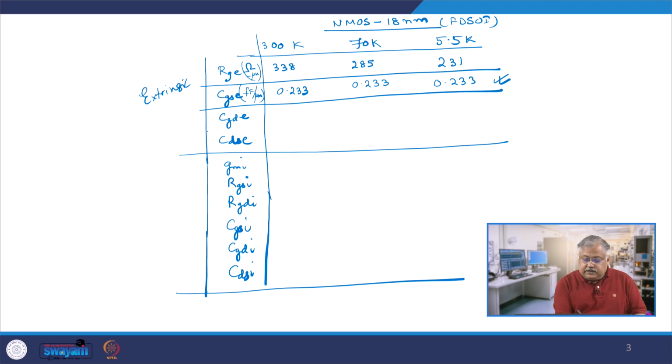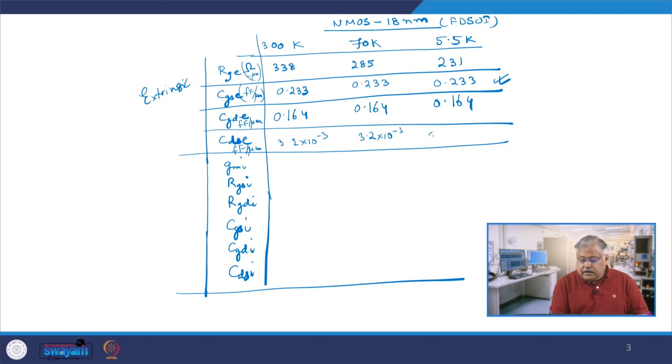So most of the extrinsic parameters you will see, this is 0.164, again femtofarad per micrometer, this is also 0.164. If you look at drain to source, again femtofarad per micrometer, the value comes out to be 3.2 into 10 to the power minus 3. So as you can see, my extrinsic parameters are almost independent of the temperature.